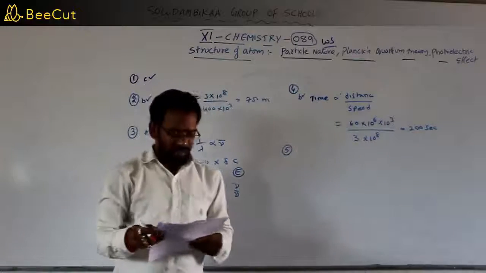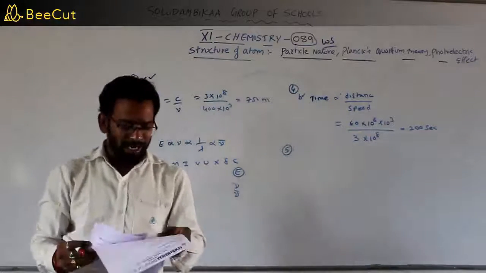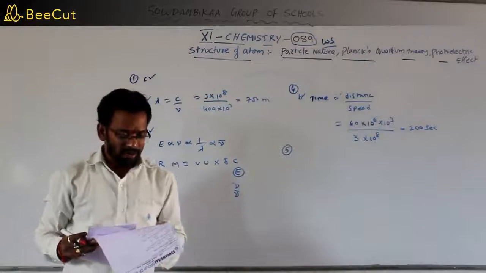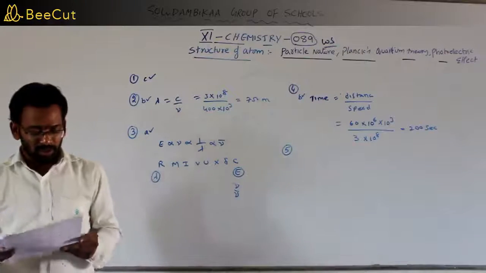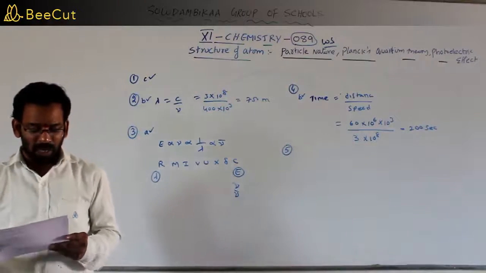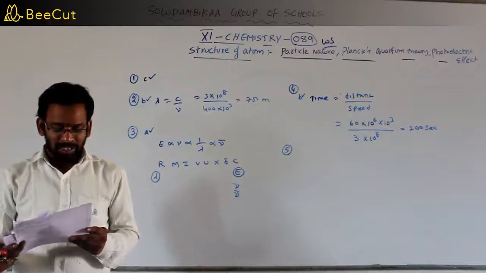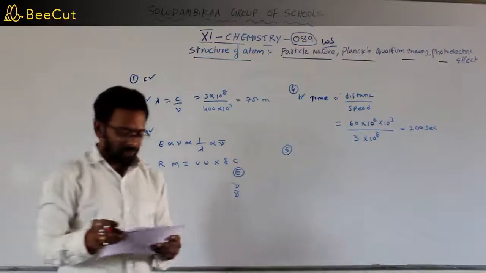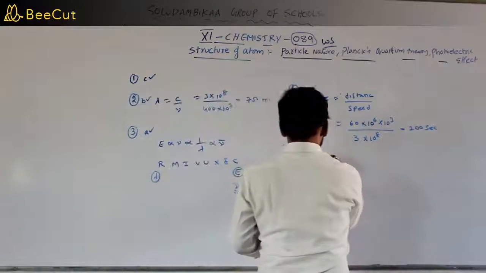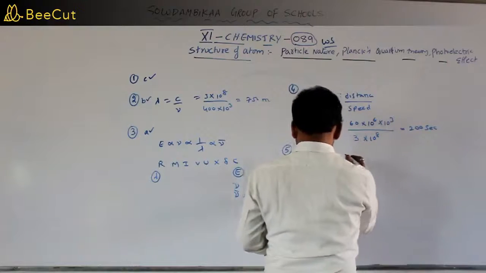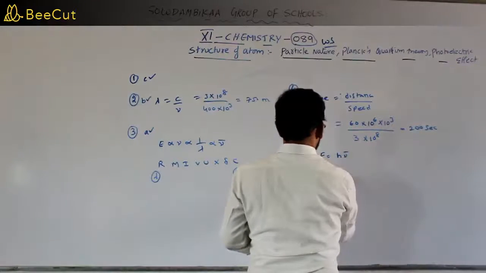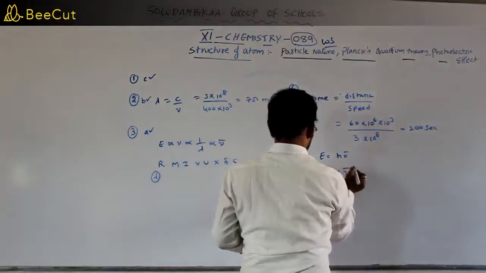Next, question number 5. Two electromagnetic radiations have wave numbers in the ratio 2:3. Their energy per quanta will be in the ratio? We know that E is equal to h nu bar. E is directly proportional to nu bar.